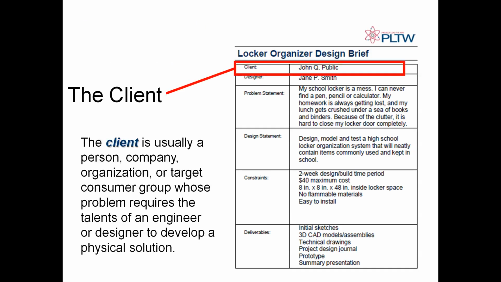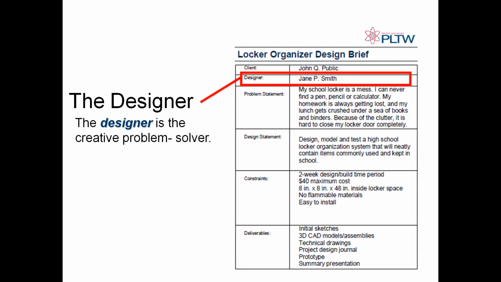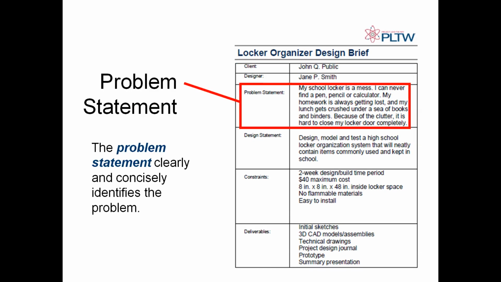So the client is usually a person, a company, organization, or target group who gets the talent of that engineer to help them solve their problem. So the designer is going to be the person who's the problem solver. And then the problem statement comes from the person who is the client.